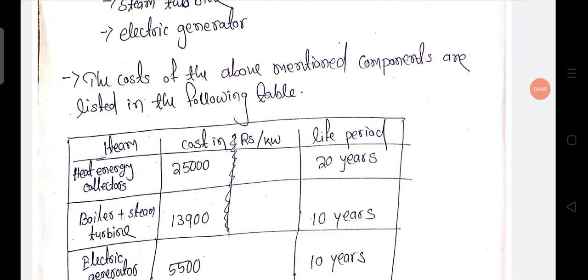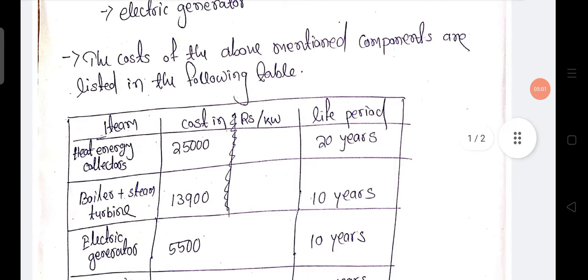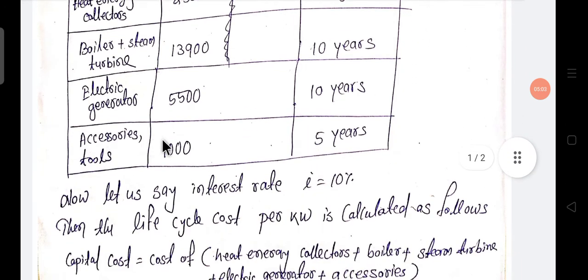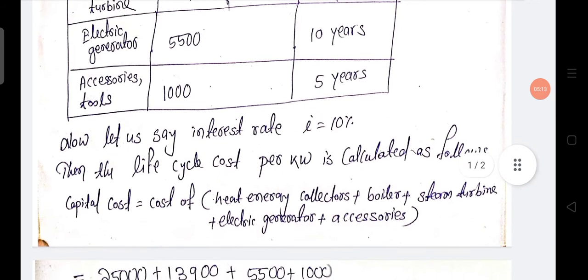So to get the constant cost, in each year we use compound interest, and for that we use the interest rate, and let's say the interest rate is 10%. Then the life cycle cost per kilowatt is calculated as follows. First of all, capital cost.